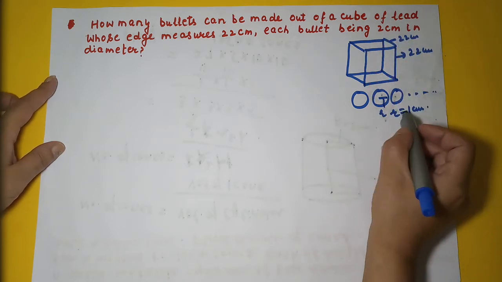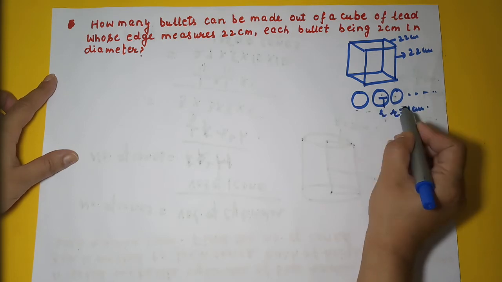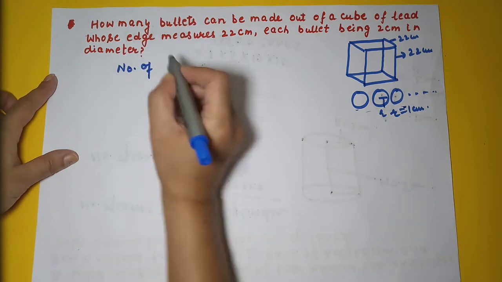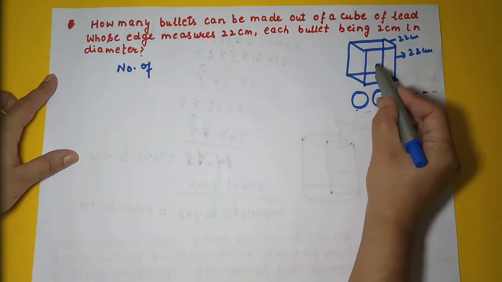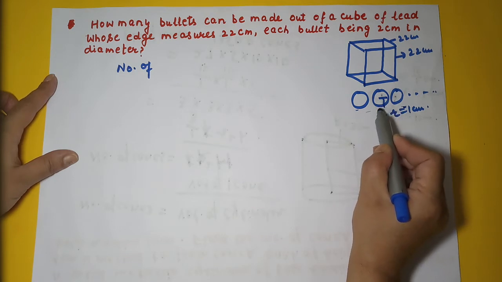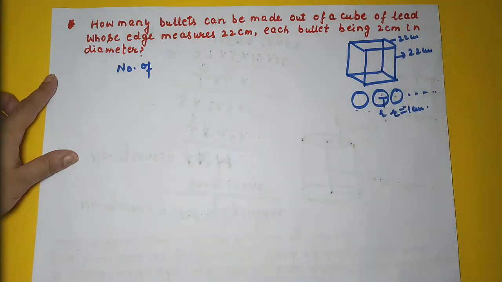So whenever you have to find the number of lead shots here, what you have to do is find the volume of this and divide that by the volume of one of these lead shots. That will give you the number of lead shots that you can create by melting this cube.